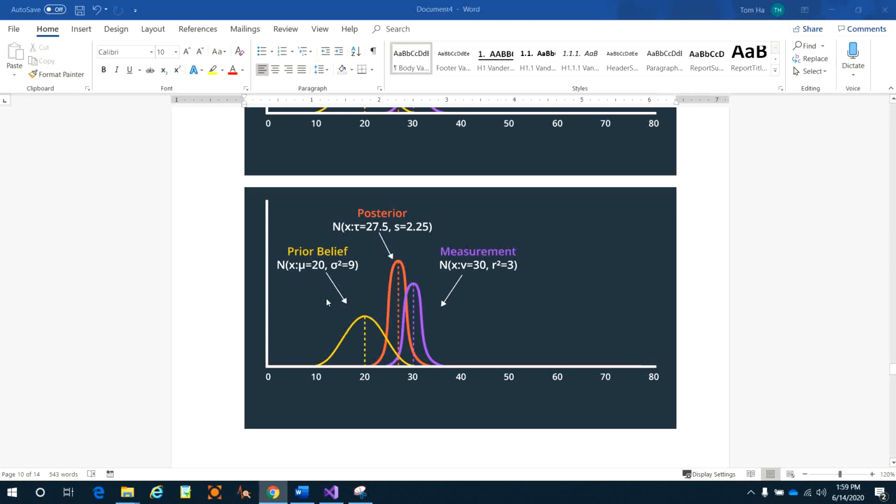Let's use the formula I provided above and you can get the new mean and new covariance. You see the covariance is smaller because we gain knowledge about where the robot is after the first measurement. So now the robot knows where it is, right?